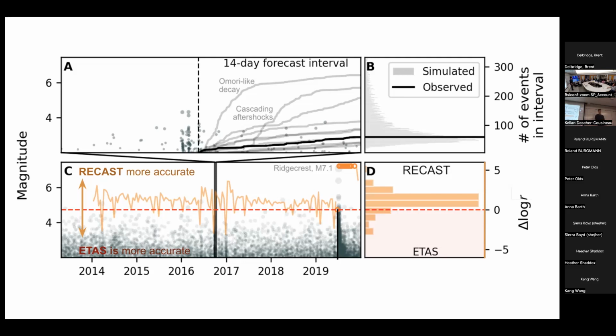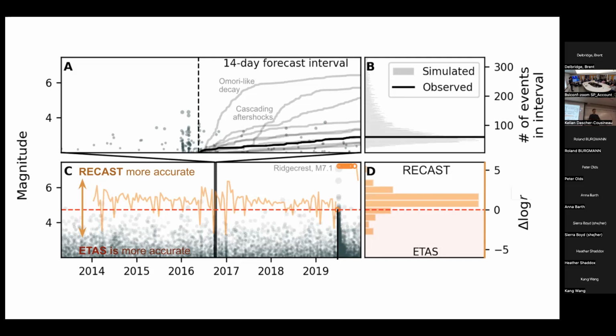Is that what's happening? So particularly in the Southern California data center catalog, the training period, not really a choice of our own, is the 80s. It's Hector Mine. It's a lot of big sequences. It's a lot of seismicity. This period, the test period, typically has lower seismicity. So ETAS is very consistently overpredicting.